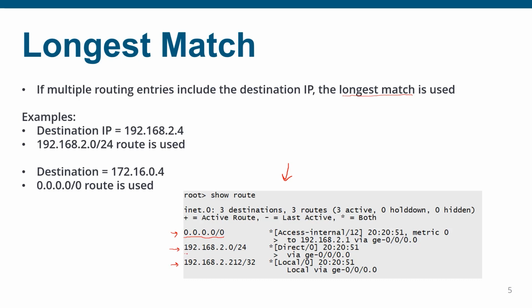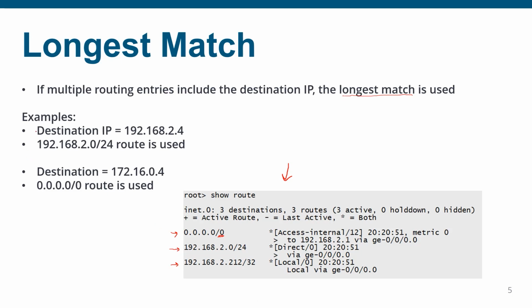The 192.168.2.0/24 is more specific. It has a 24-bit length prefix, whereas the 0.0.0.0 route has a 0-bit length prefix. And then our most specific here is the /32, which has a 32-bit length prefix.